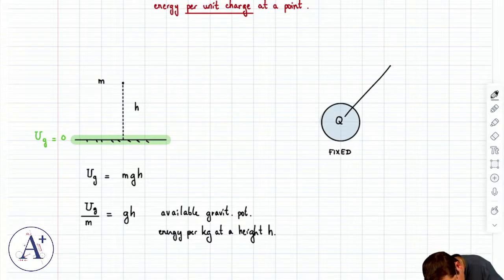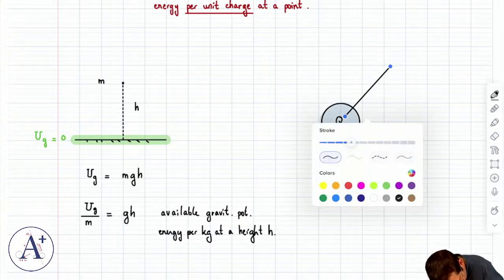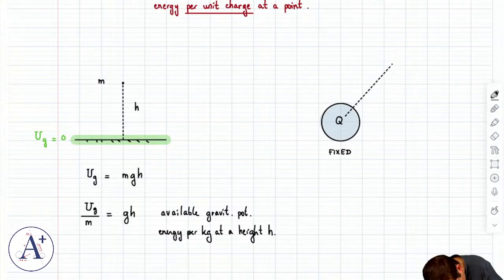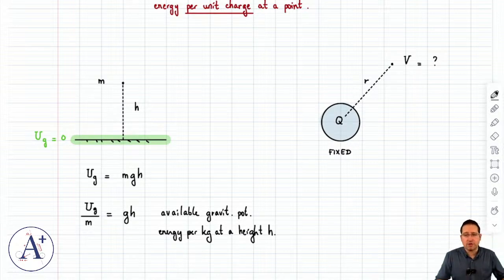And at some distance r from Q, there's going to be a quantity, V, which is called electric potential. And our goal is to figure out what it is. Now, electric potential will be related to electric potential energy. And by definition, potential energy is energy due to position, in this case, due to your position within the electric field surrounding the charge.